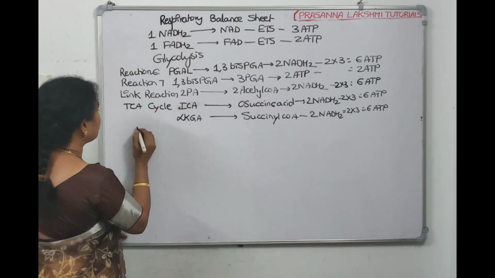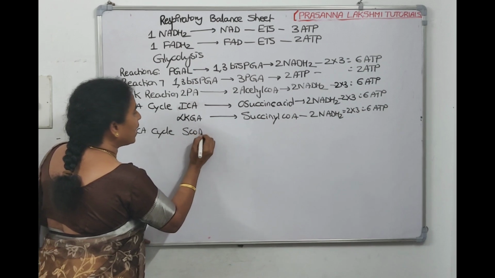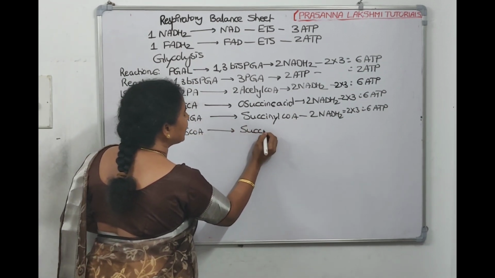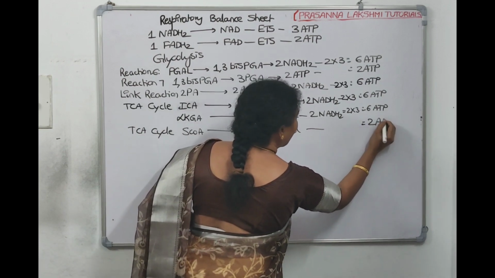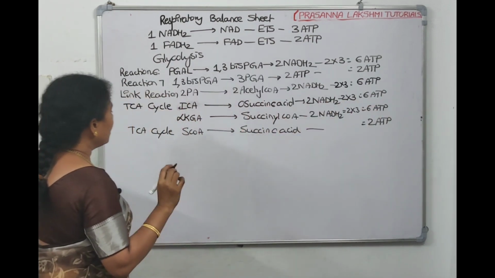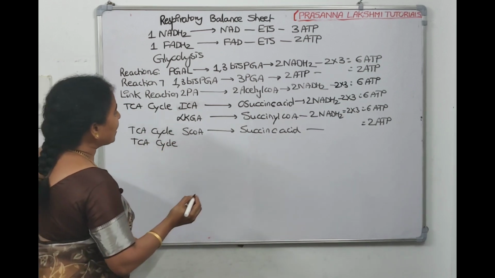Substrate level phosphorylation again in the TCA cycle. When succinyl-CoA gets converted to succinic acid, 2 ATPs are made. The next one, again in the TCA cycle. What is that reaction?